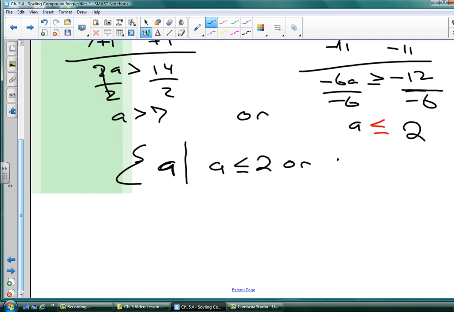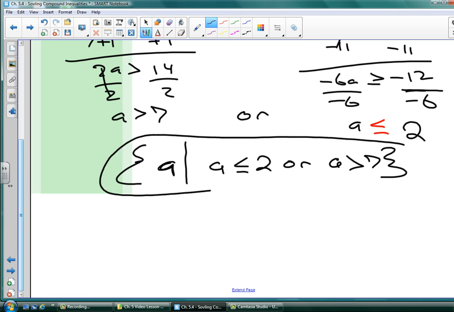Or a is greater than 7. Fancy brackets. Now, if you chose to do the graphing first, you'll see that it actually works out better for you. It makes it a little easier. You don't have to do this flip in here. It looks cleaner, and mathematically it makes more sense to have the 2 on the left and the 7 on the right, just to go in with our convention.